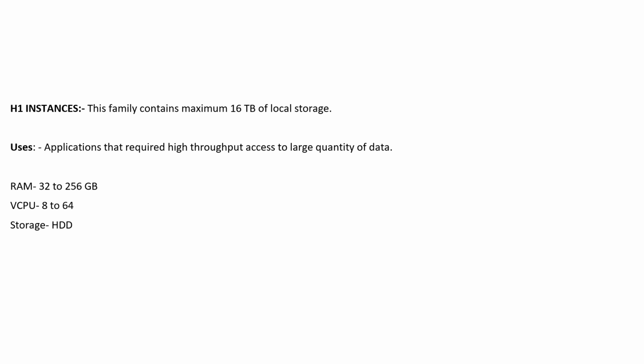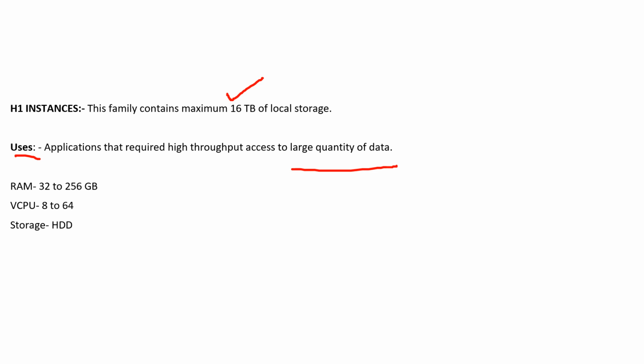Next is H1 instances. This family contains a maximum of 16 TB of local storage, as I said earlier. What are the uses of H1? Applications that require high throughput access to large quantities of data, for example YouTube, as I said earlier, Facebook, Twitter, Gmail services.